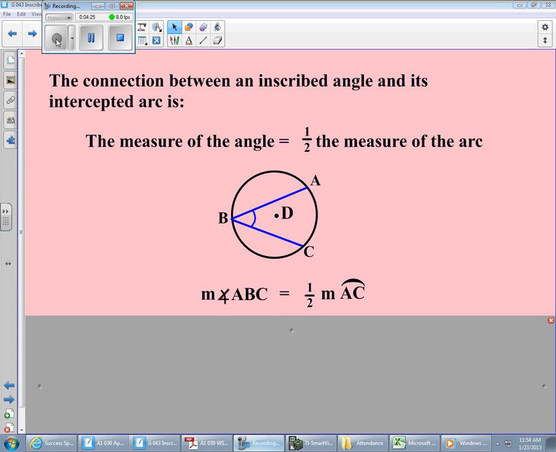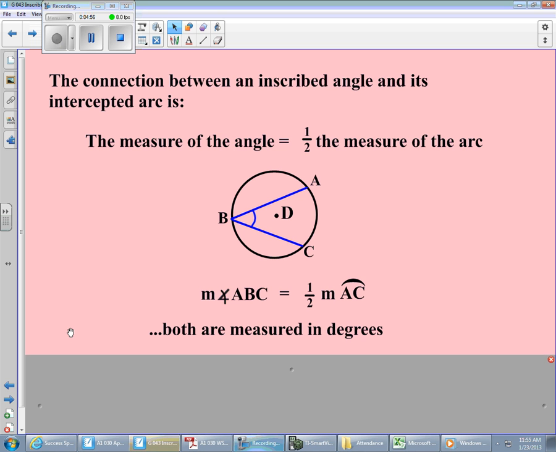In the process of getting twice as far away, the angle actually has to shorten up its measurement because its endpoints are still grabbing the circle at the same position. So when that vertex pulls further back, the legs get longer, but the angle has to collapse a little bit. So we get an angle measurement that is smaller than we got yesterday. Yesterday, the angle measurement was exactly the same as the intercepted arc. Today, it's only going to be half as big as the intercepted arc.